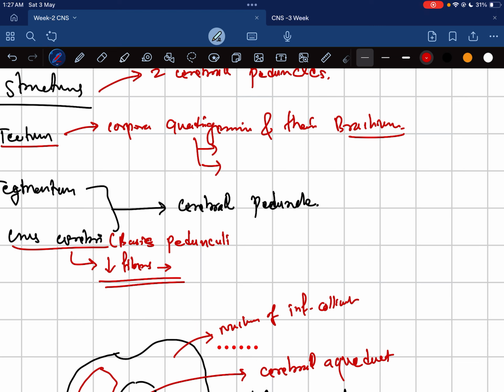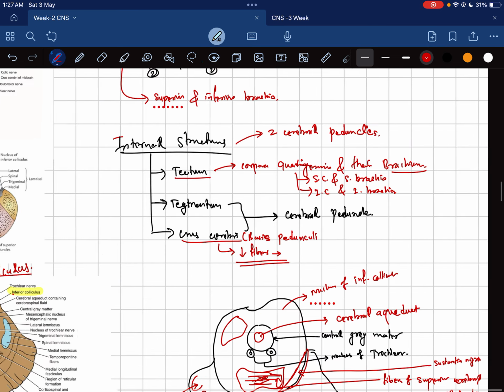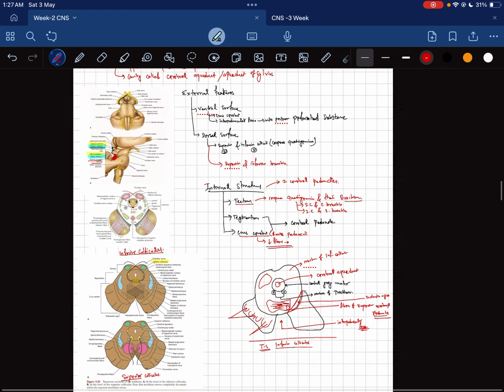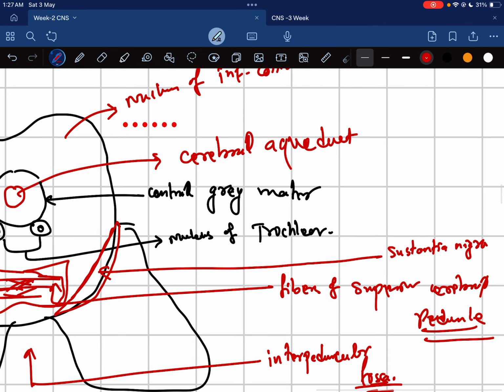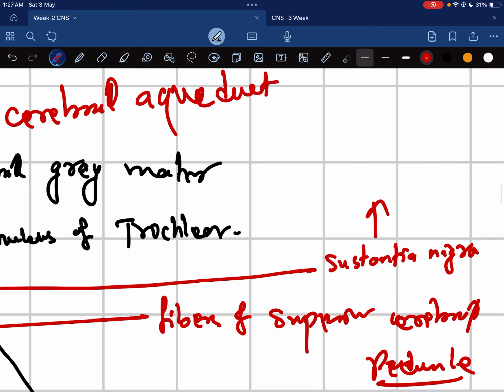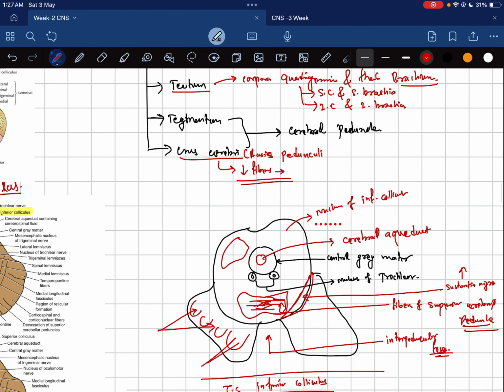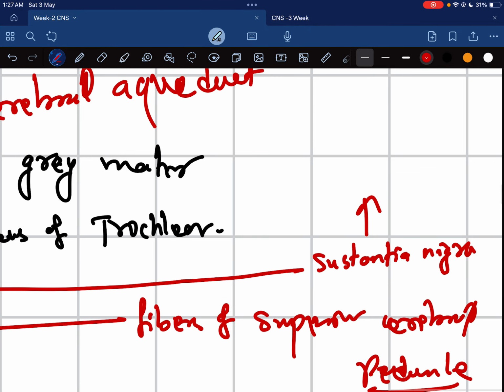We have discussed the superior colliculi and their superior brachia, then the inferior colliculi and their inferior brachia. Moving on to the substantia nigra. Regarding the substantia nigra, it separates the crus cerebri from the tegmentum.